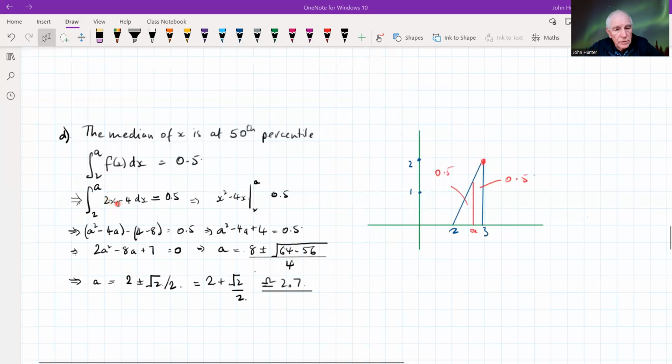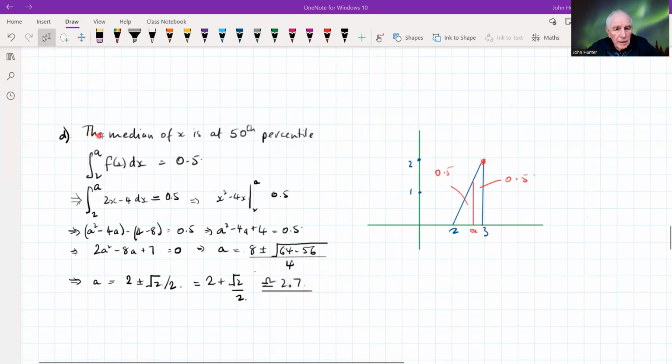Same again, really. We can just evaluate this. The function is 2 into x minus 2, which I've written as 2x minus 4. We're going to integrate that and just follow the equation through. Again, you can pause the video and work this through for yourself, but that's eventually going to give us a value of A, which is approximately 2.71 to 2 decimal places.